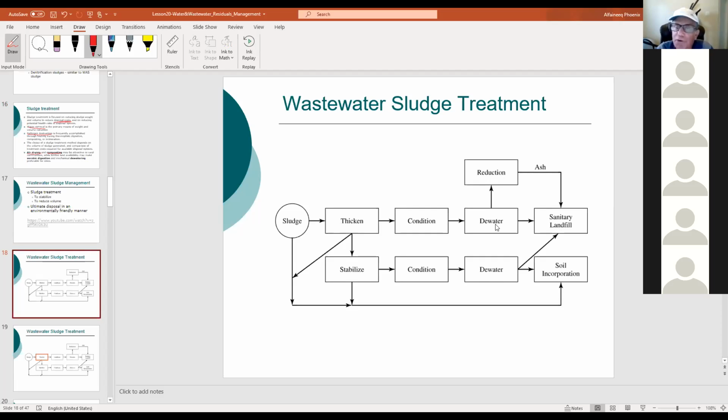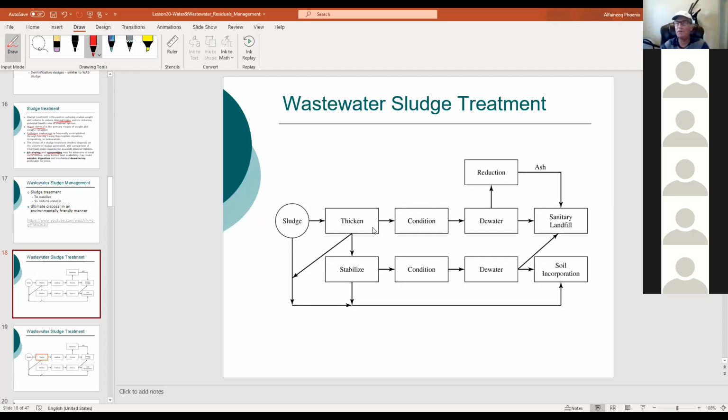Dewatering is the main process here. You get rid of water. Before that, you need to do some stuff here, thickening and conditioning. Thickening, when you have solids still there, suspended or whatever, you need them to either settle so it becomes one kind of blanket together. This is what we call thickening. Or sometimes they push them up using air.